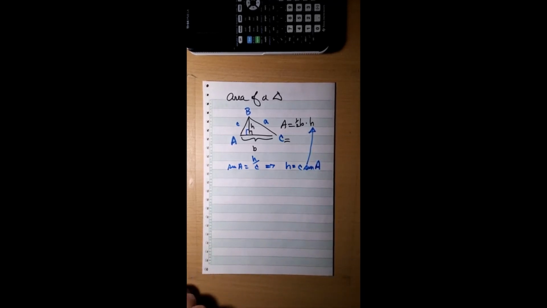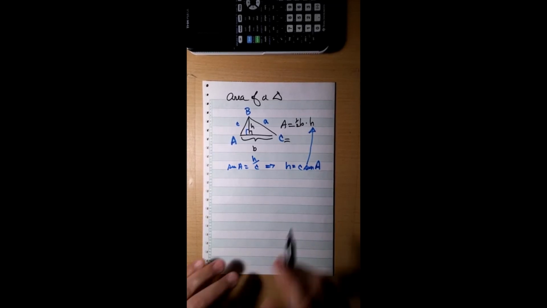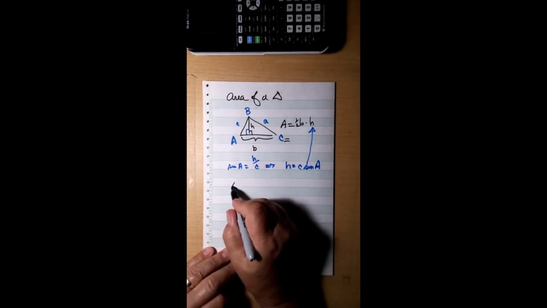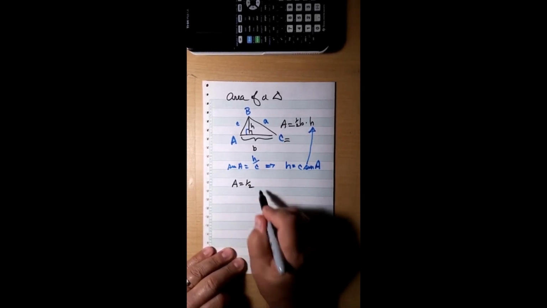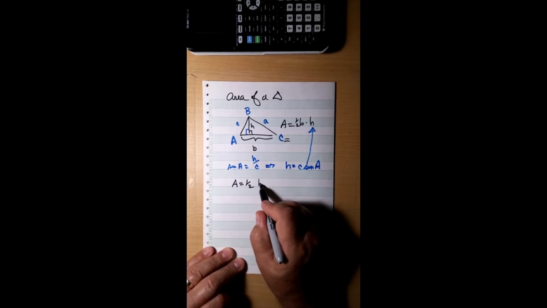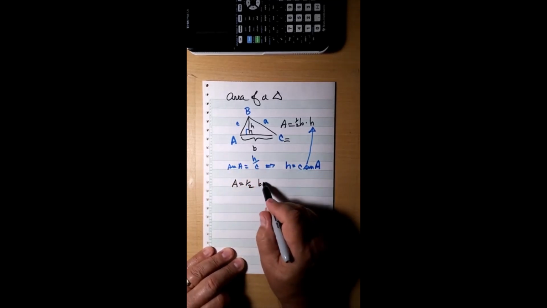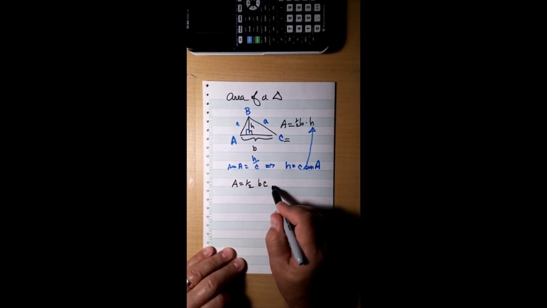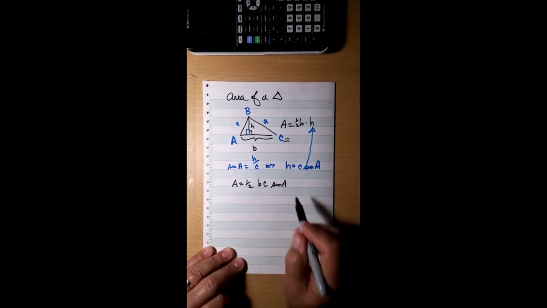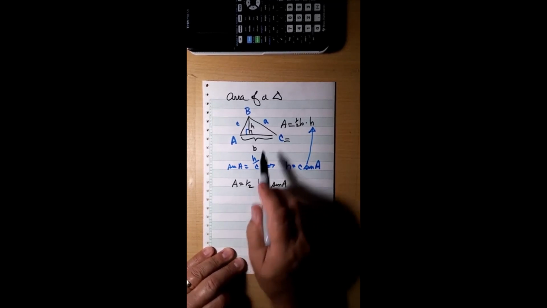So instead of 1/2 the base times the height, it's 1/2 the base B times C sine A.